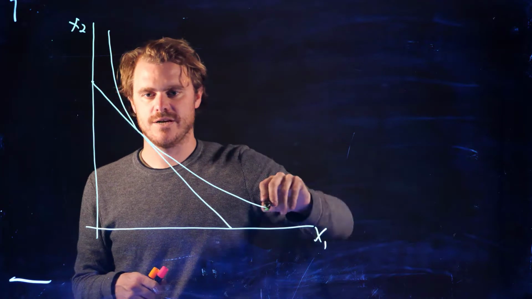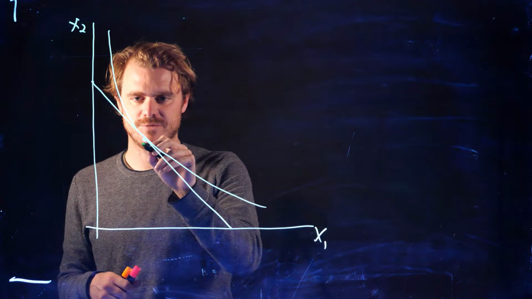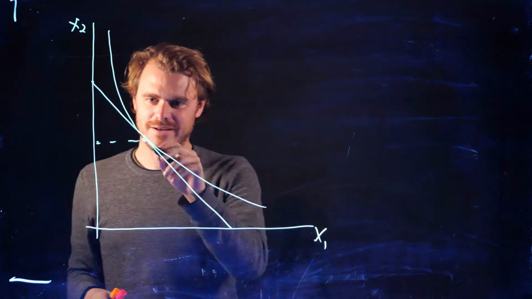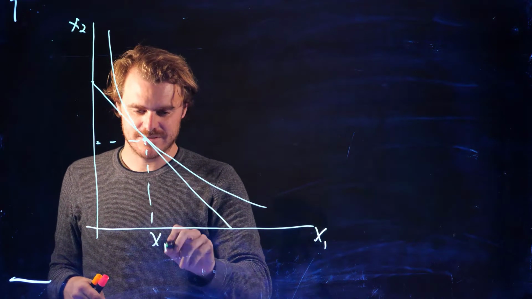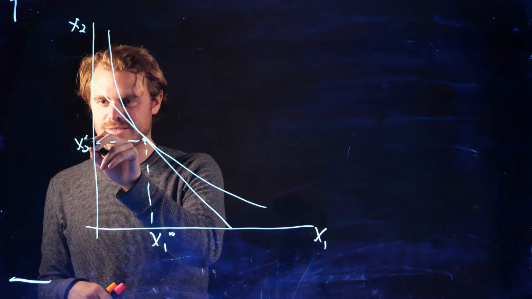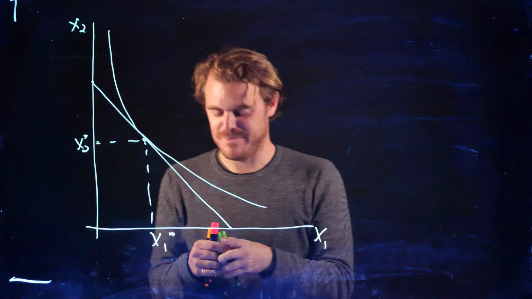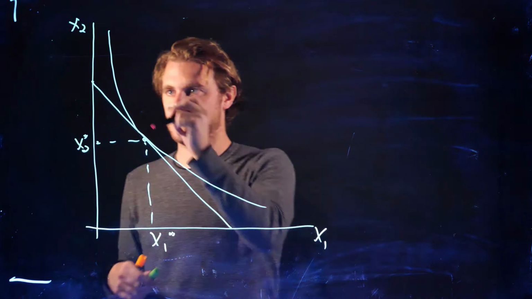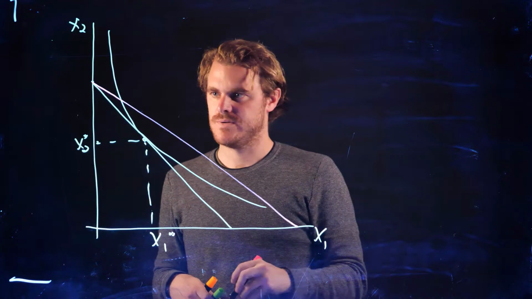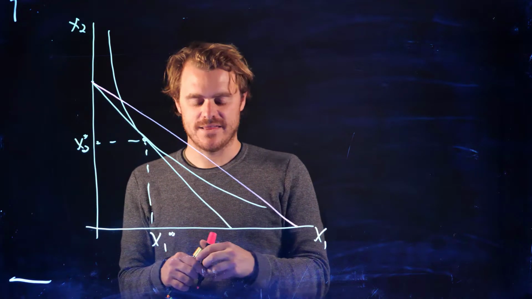So here's the original consumption. I should have gone a little bit more to the right, but if you don't see a new clip, it means I managed to do it. And so now the price of good one goes down. So we have something like that.